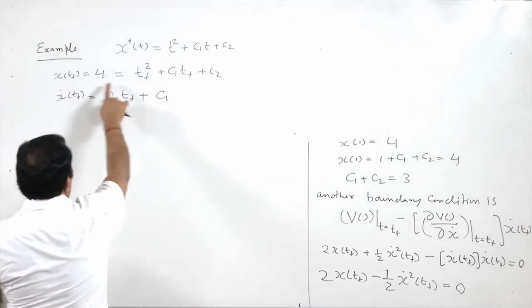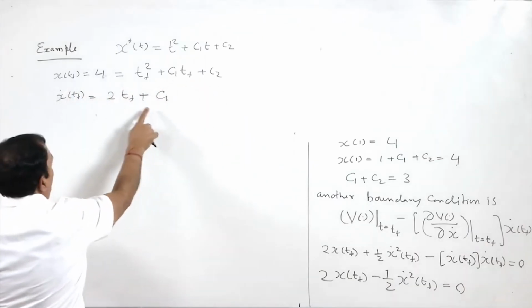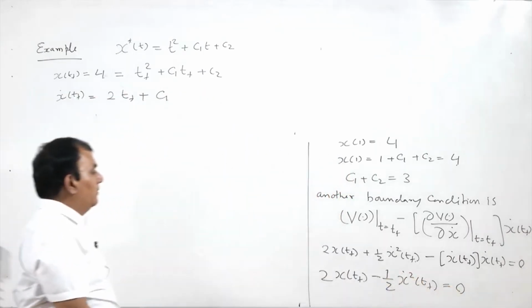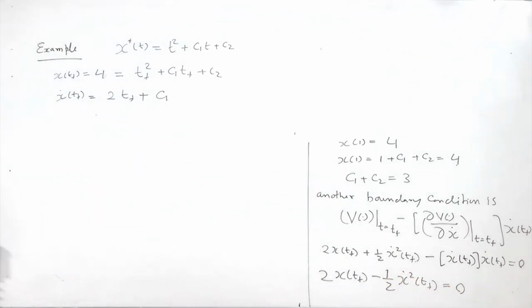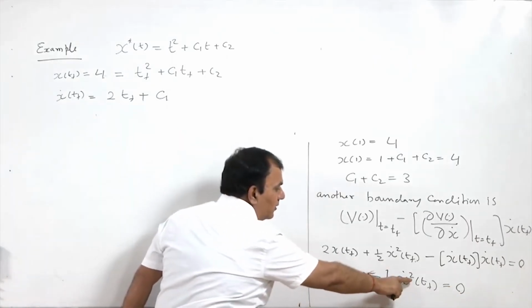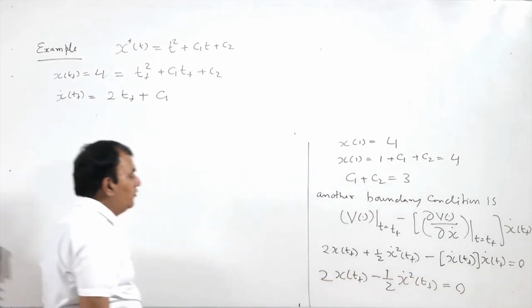Now, I have my x(tf) as this, ẋ(tf) as this. I can place these values in this equation, 2x of tf minus 1/2 ẋ of tf squared equal to 0.